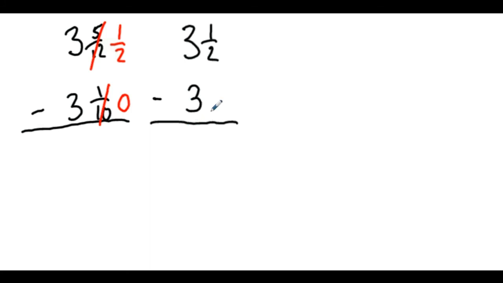Now, just like you would with any subtraction problem, we move from right to left by place value. We start with the fraction. 1/2 minus nothing would be 1/2. Then we move to the next place value, which is the ones place. 3 minus 3 is 0.